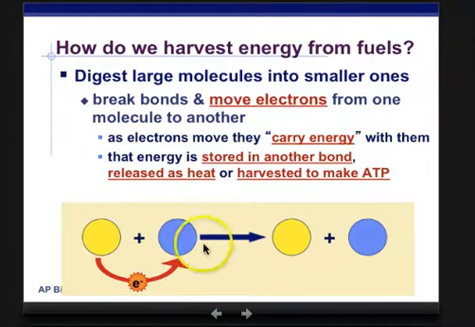Okay? So here we have an illustration of that. Here, this yellow one is going to be losing an electron, so that the blue one will gain an electron.